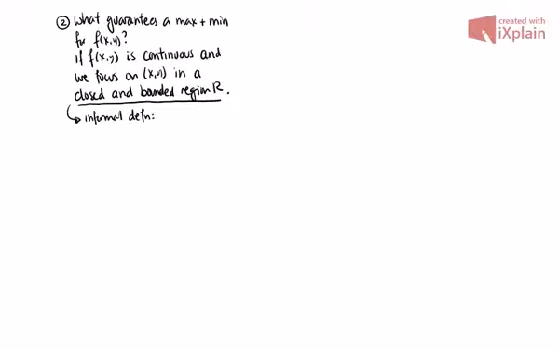Closed means it must include its edge. I'll draw some pictures in a second so that it's clear what's going on here. And bounded means it doesn't stretch to infinity. So let me draw some examples of things that are not these things.